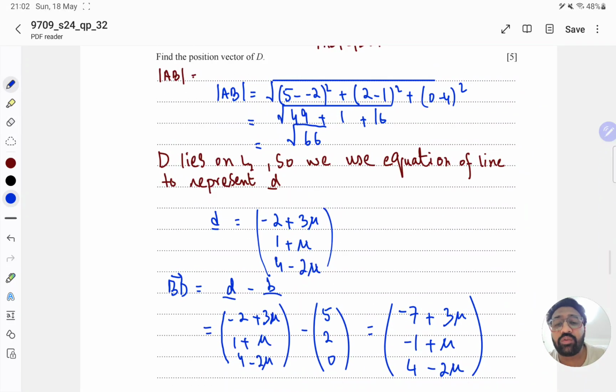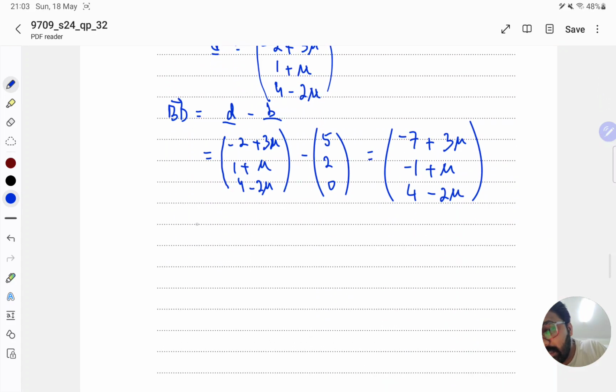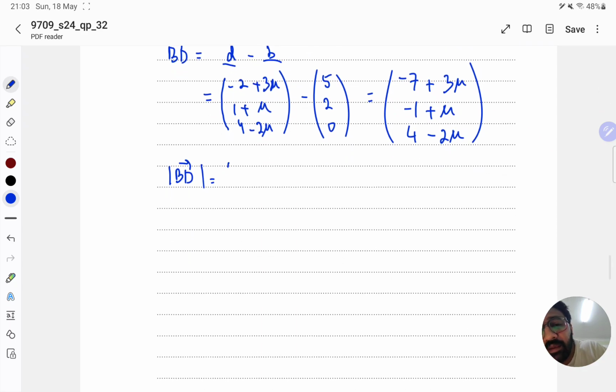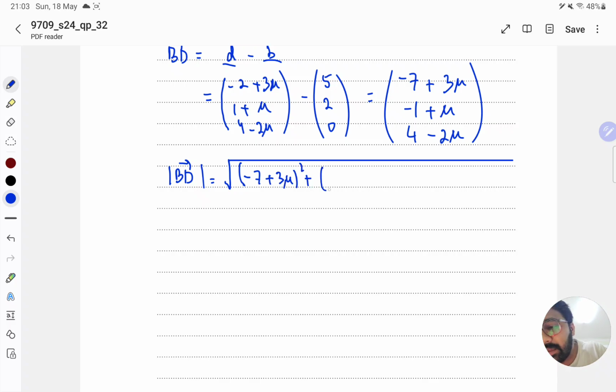equal to square root of 66. So if I find the magnitude of BD, let me put the square root first. It is going to be (-7 plus 3 mu) whole square plus (-1 plus mu) whole square plus (4 minus 2 mu) whole square.